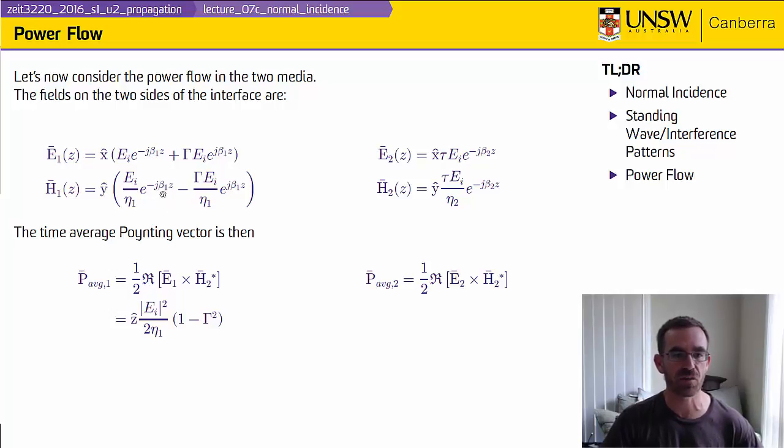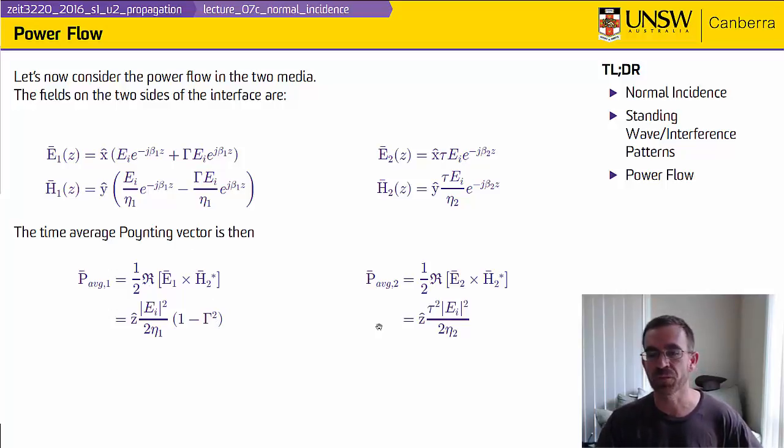So these two terms are going to give me E incident squared over eta 1. And these two terms are going to give me gamma squared E incident squared over eta 1. Here I'm writing this with the assumption that gamma is purely real. This should actually become an absolute value. On the right-hand side, when I do this cross product, it's straightforward, and these two exponentials are going to cancel when I take the complex conjugate, and my transmitted power looks like this.